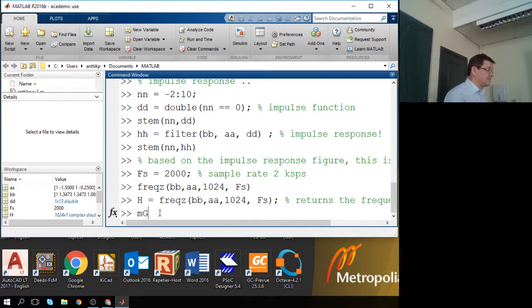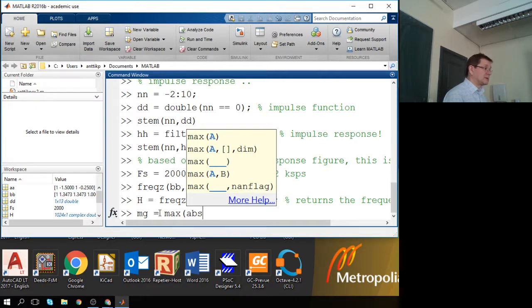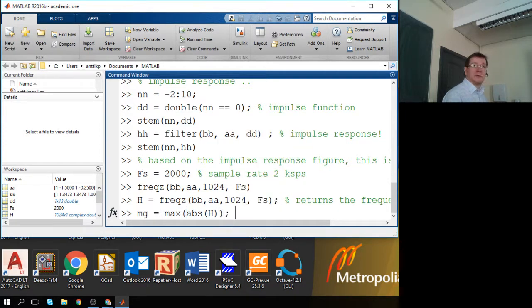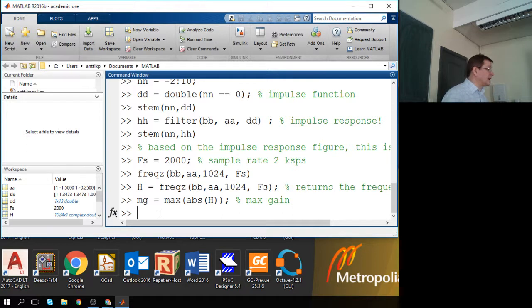mg, equals maximum of absolute value of h. Absolute value is needed because this is a complex frequency response that is returned. Not just the amplitude response, but it is complex values actually. So that's the max gain of the system, and that's mg equals.